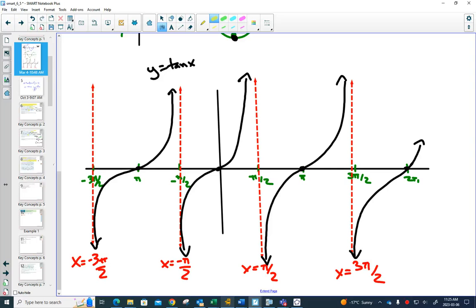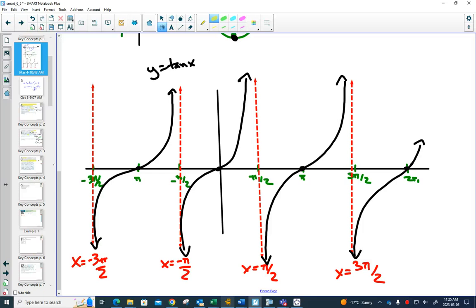Now for the tan graph, on your axes family you have a couple places that are undefined and a couple places that are 0. Where it's undefined, they show up on the graph as non-permissible values, so we'll have asymptotes on our tan graph.